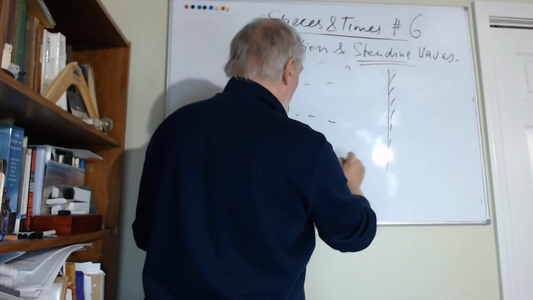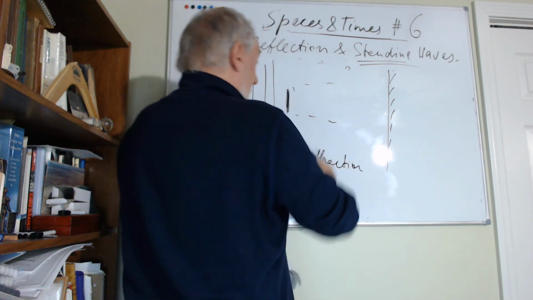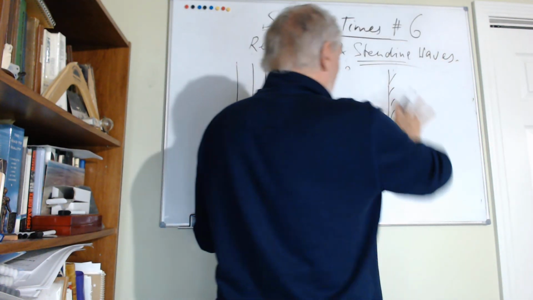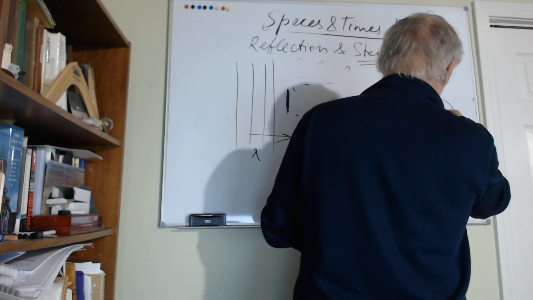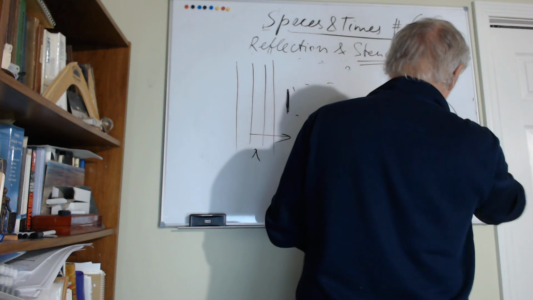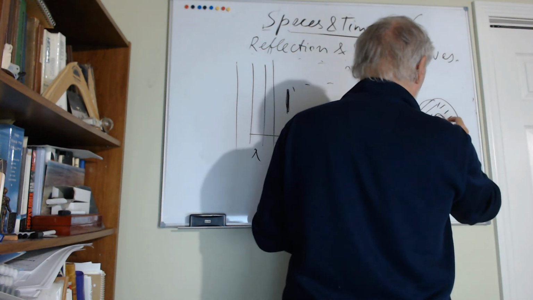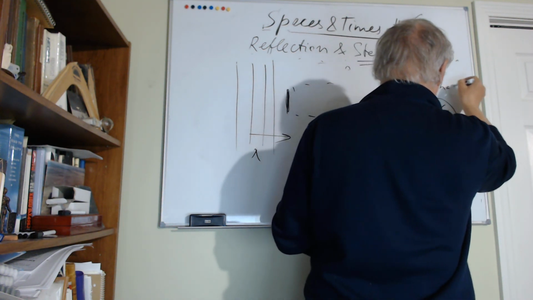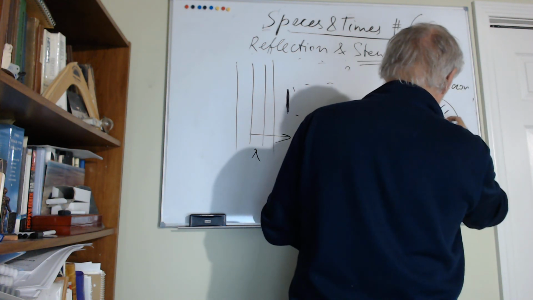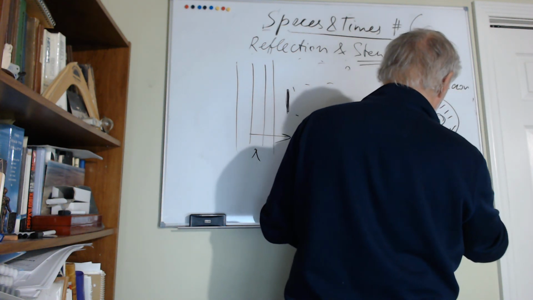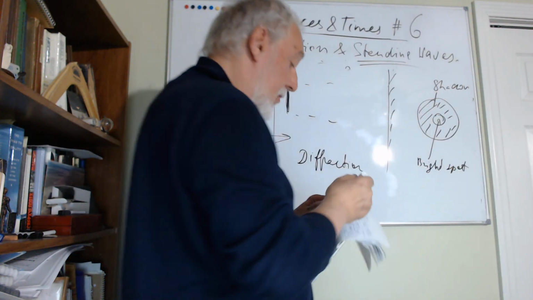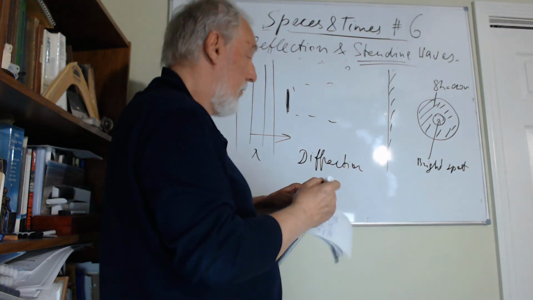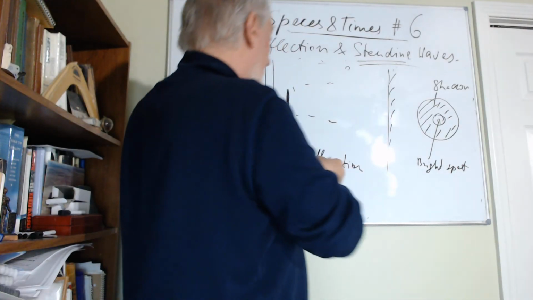There's diffraction here, remember? Waves go here, and if you look at the screen, you see something like this. This is the shadow. But in the middle of the shadow, at a certain distance, there is a bright spot. Isn't it identical to the slit experiment?